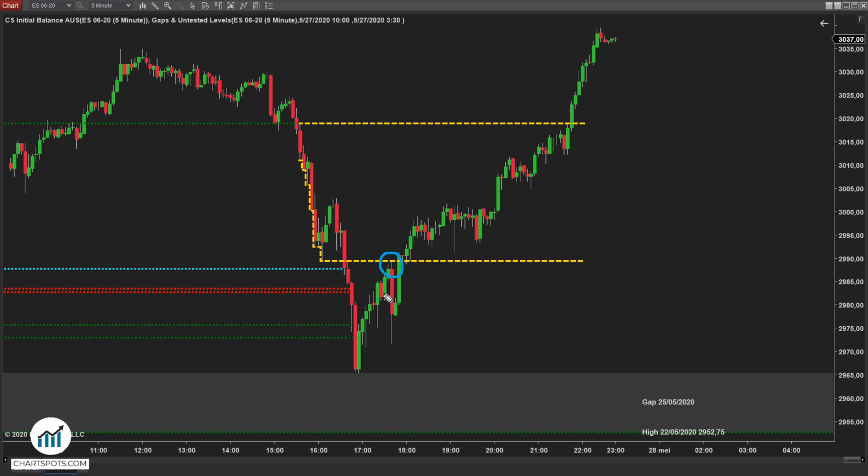Because the market starts to find some buyers here, and then another small wave of selling happens exactly from the initial balance low. So that's a sign that those sellers, similar to those ones here, are typically not in there for the long haul.